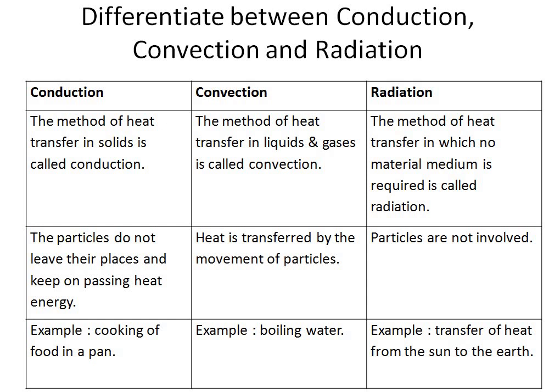Because of this, the heat transfer in a solid, in a liquid and in a gas is different. The method of heat transfer in solids is called conduction. The method of heat transfer in liquids and gases, both, is called convection.